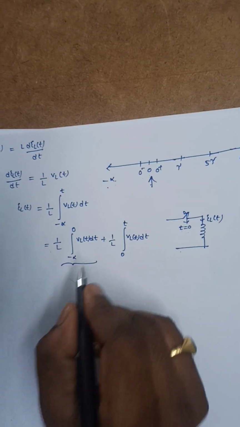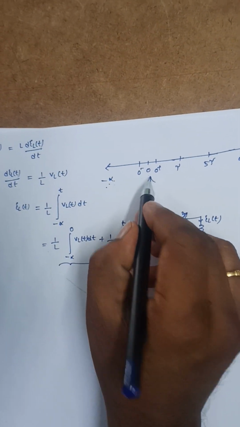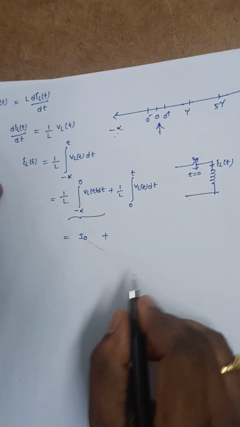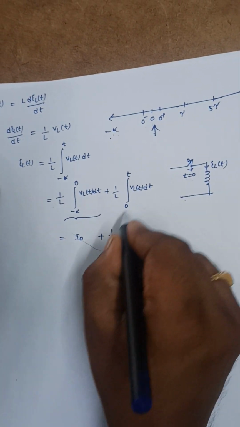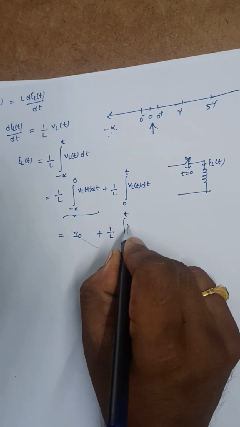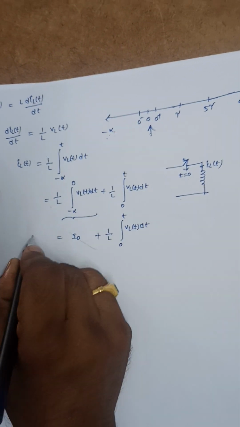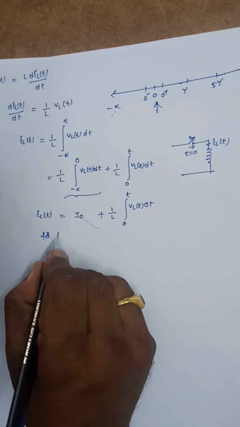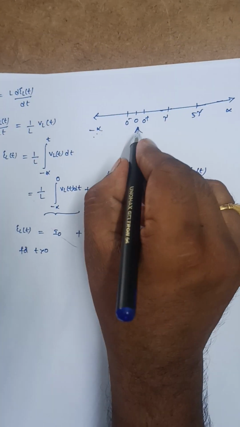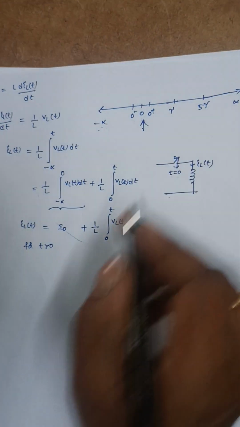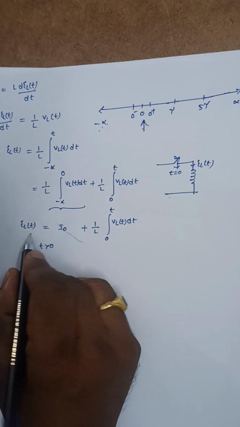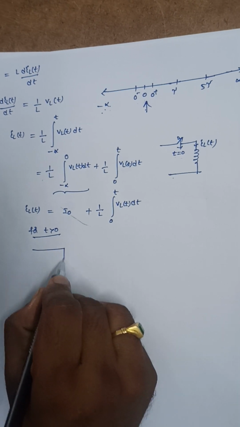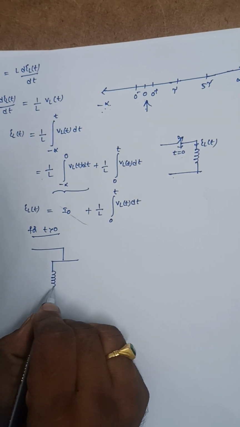The current from minus infinity to 0, the initial current, is I naught. I am taking this one as I naught, and the other term is written as it is, 1 by L integral vL of t dt. So it is iL of t. For t greater than 0, that means 0 to infinity, at any time, if you want to find the current flowing through the inductor, this is the circuit that we need to draw.